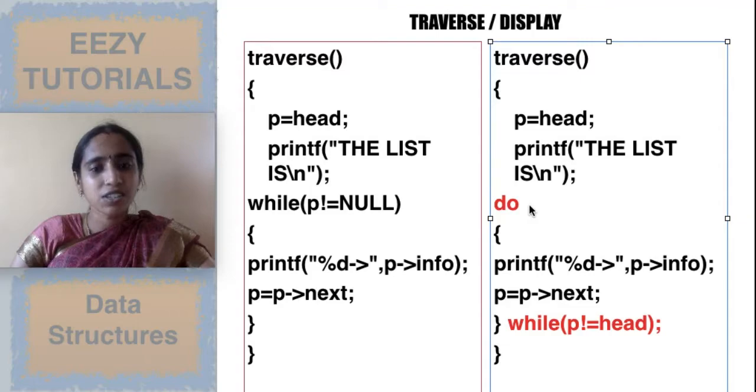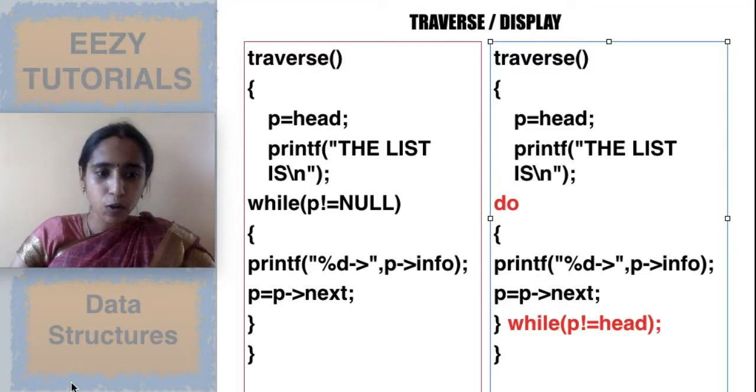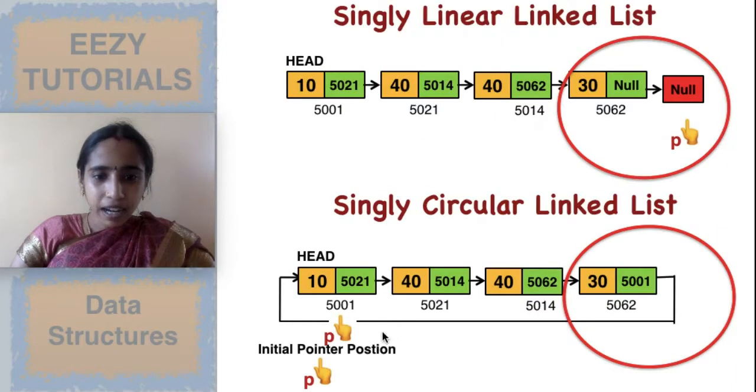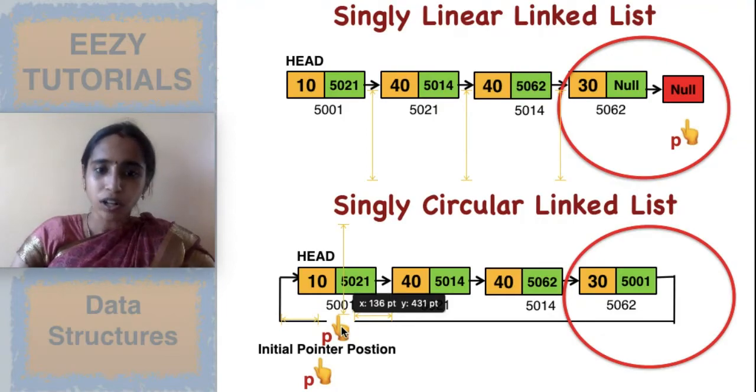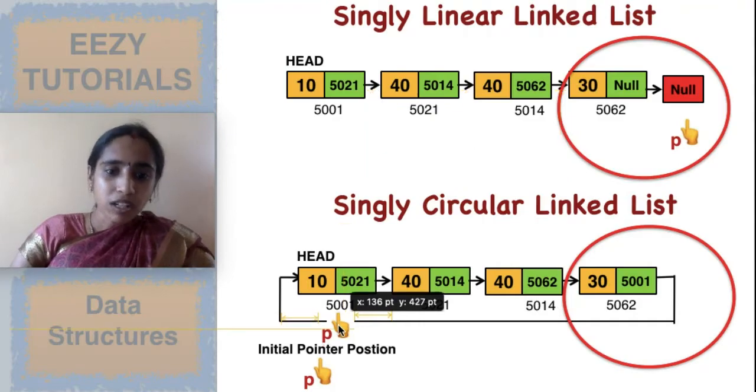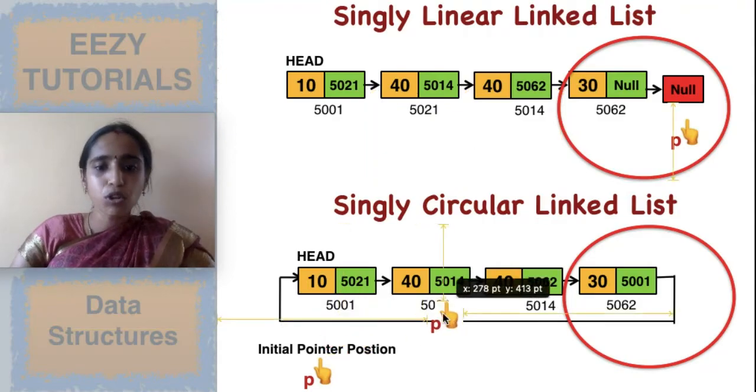I should make this check at the exit. So instead of using a while loop, I am using a do while loop, because my condition for my initial state is p is equal to head, and the stopping condition is also p is equal to head. When p is not equal to head, I have to run the code. So initially p is head, but once you run one iteration, p will move to the next node.